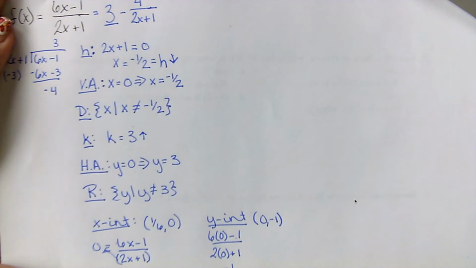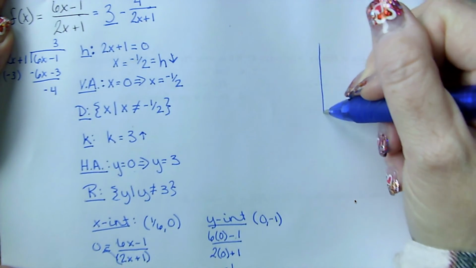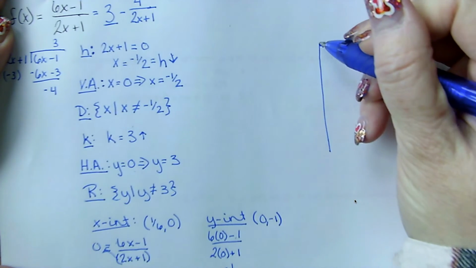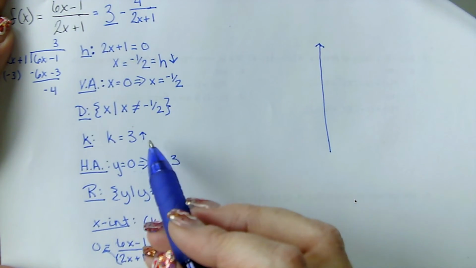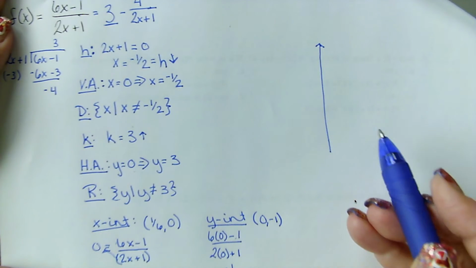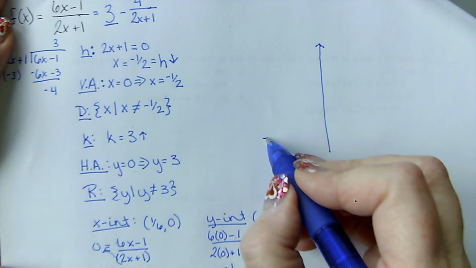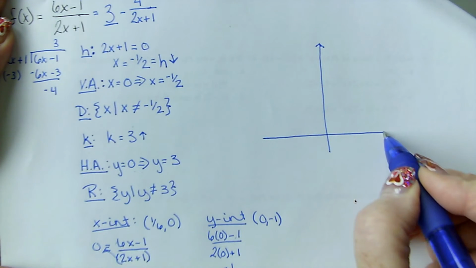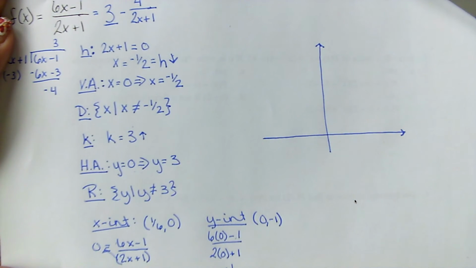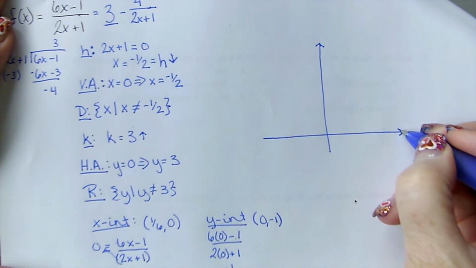Now we got to graph it. Now, guys, if you go up, don't put your x-axis in the middle. Where should you put it? Toward the bottom. Remember your arrows on your positive at least, right?